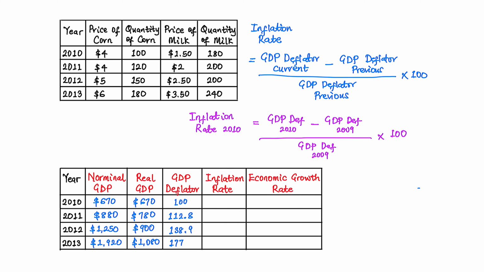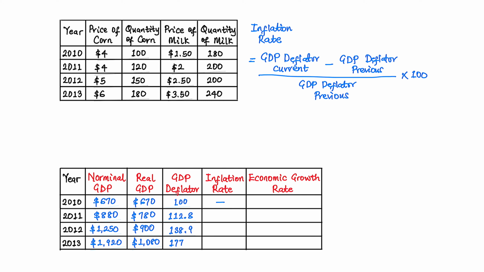Looking at this, we have the GDP deflator for 2010, which is 100, but we don't have a GDP deflator for 2009. Hence, we can't calculate the inflation rate in 2010. So as a result, we put a dash here, and then we move on to the next year, which is 2011.